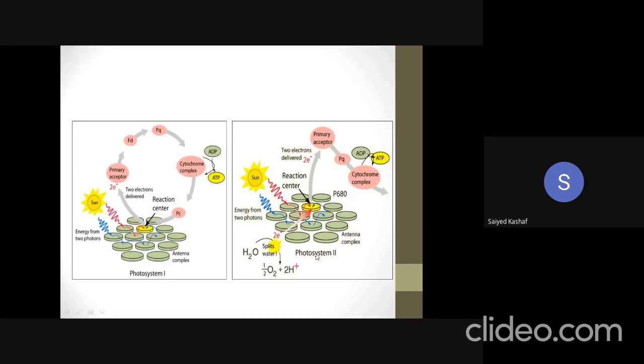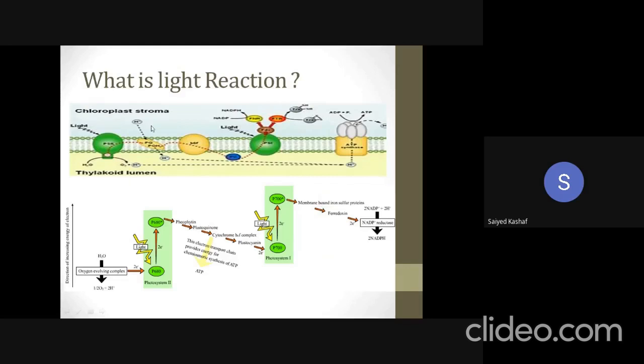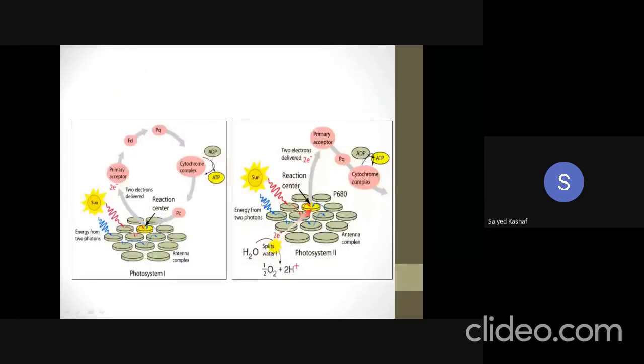So we know that when the light falls on the PS1 system, simultaneously the light also falls on the PS2 system, right? So this PS2 system also captures the light energy. Here also there are some accessory pigments.